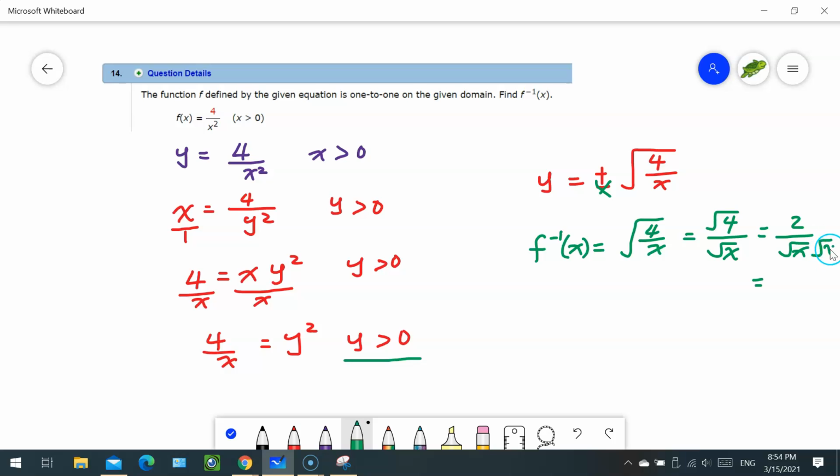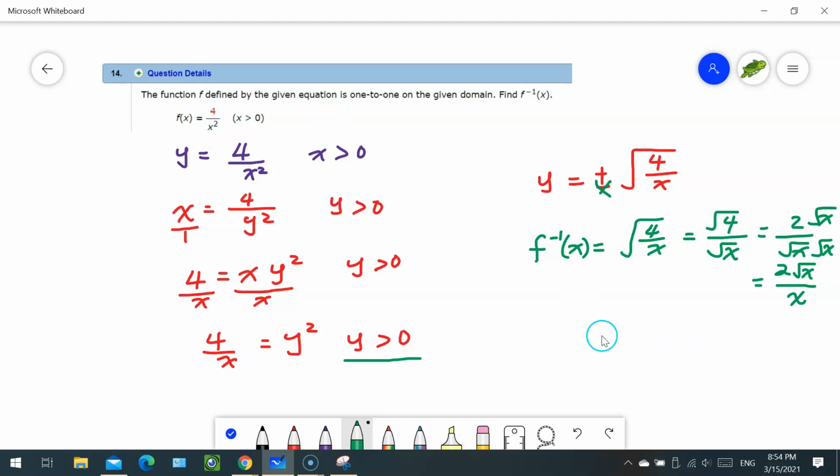So we multiply the square root of x to the bottom and the numerator as well. Now the bottom part, you have the double square root of x, which is a positive x. And the numerator, you will have 2 root x. So this would be the inverse of 4 over x squared.